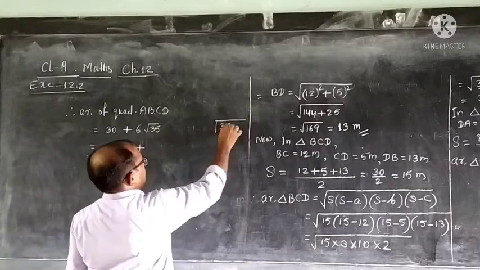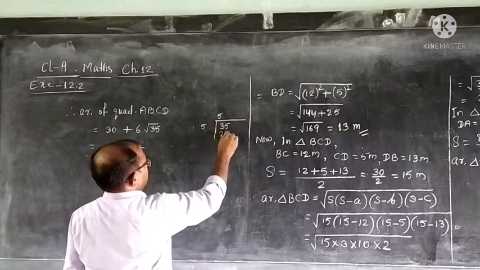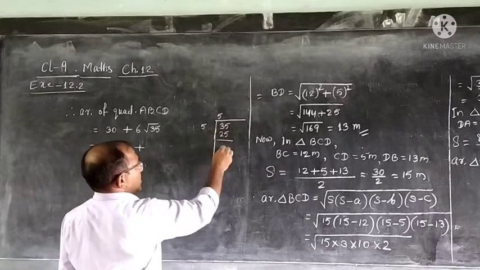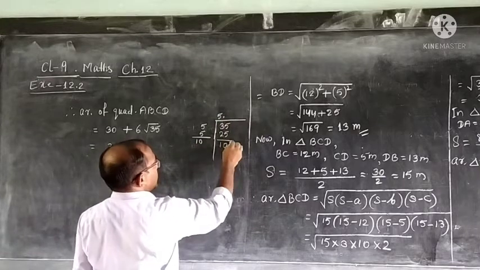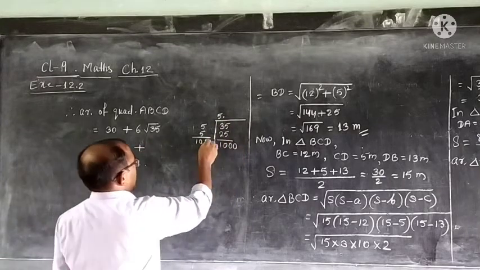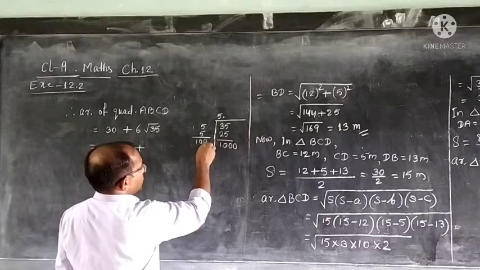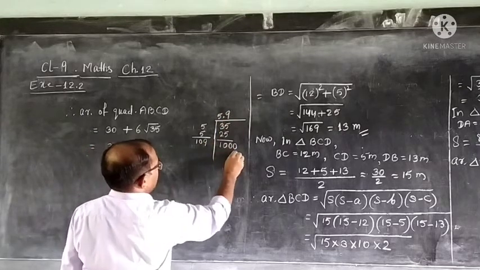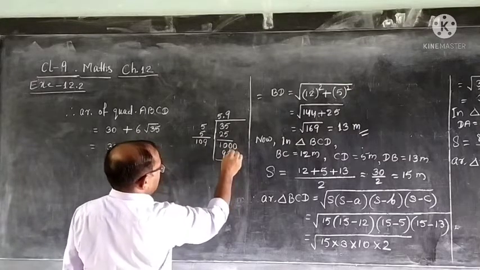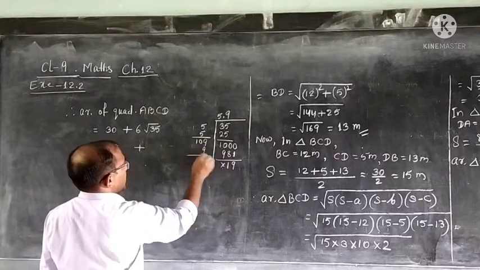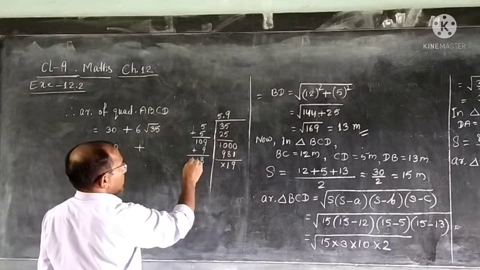So, 35, let us start with 5: 5 fives are 25, 6 sixes are 36, we can't divide, so 5. Then 10 comes, 5 will be added, again 10, now 0.20 we can take. 7, 8, 8 also, 9 also we can use, 9 nines are 81. Same number we add in square root, 18, 1, 1, 20.